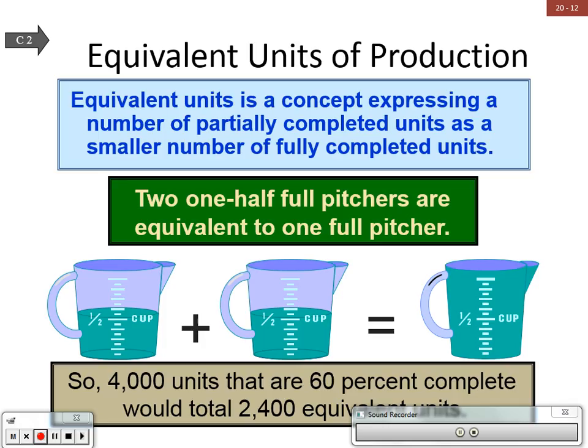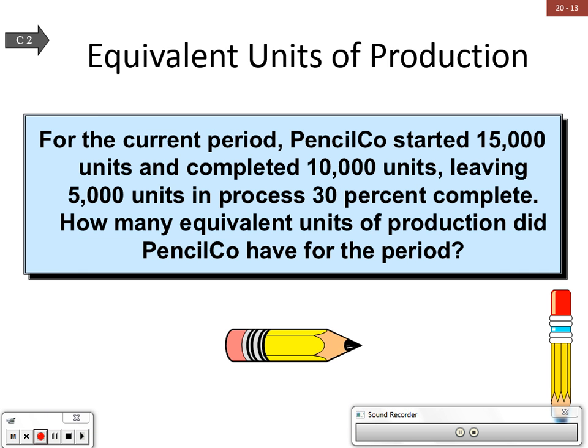So the reason why we do EUP is because we are estimating how many are going to actually be completed throughout that process. And so it says 2 1/2 full pictures are equivalent to 1 full picture. So you can look at this as goods in process, right? Estimating what it's going to take to get to full or completed.